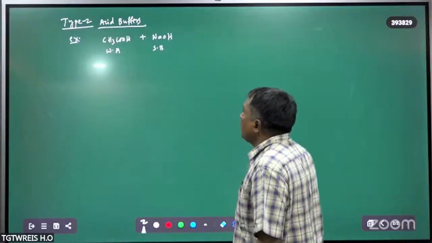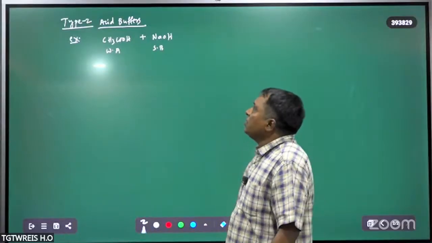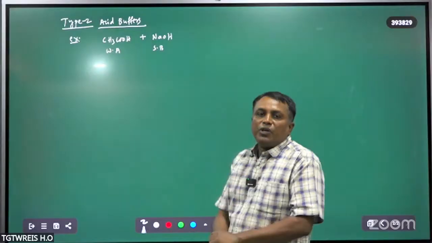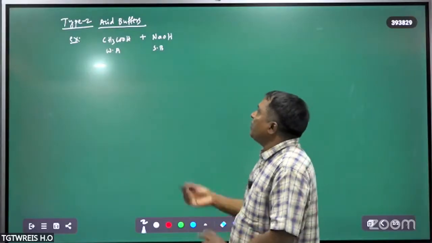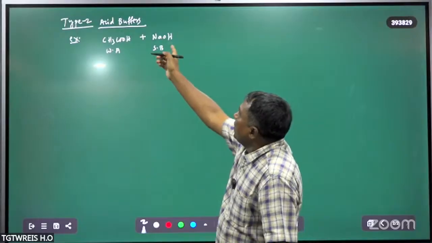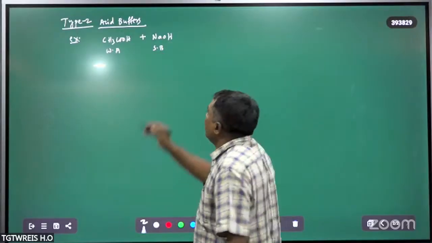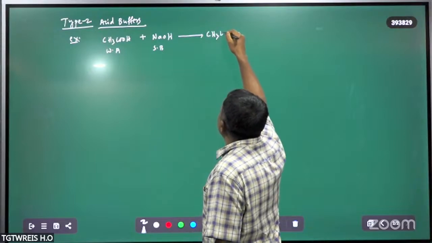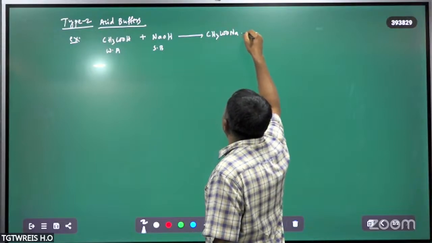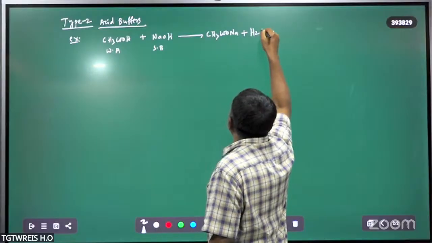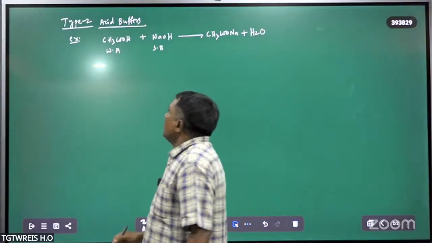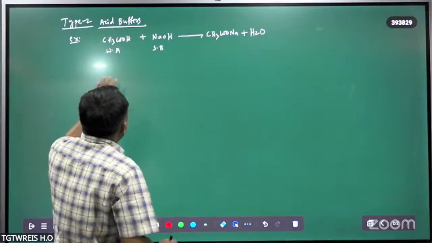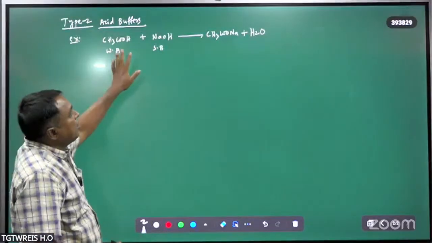So how does this CH3COOH and NaOH combination act as a buffer? When we add NaOH to acetic acid, you get CH3COONa plus water.